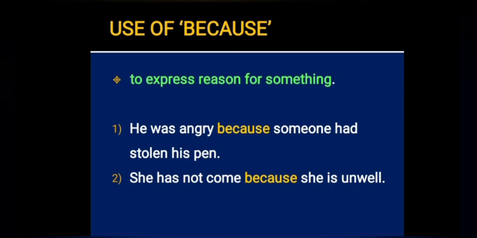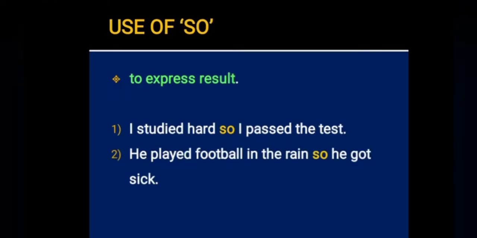Now let's move on to our next conjunction and learn its uses. And this conjunction is "so". Students, the conjunction "so" is used to express a result. This shows that something happens following on from another event.